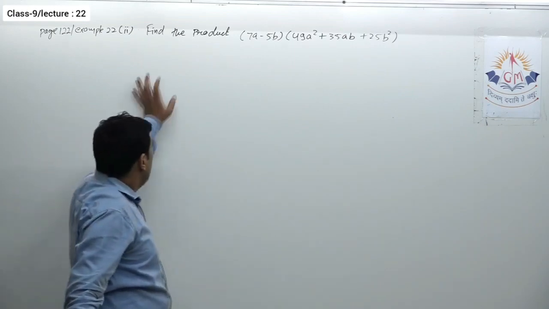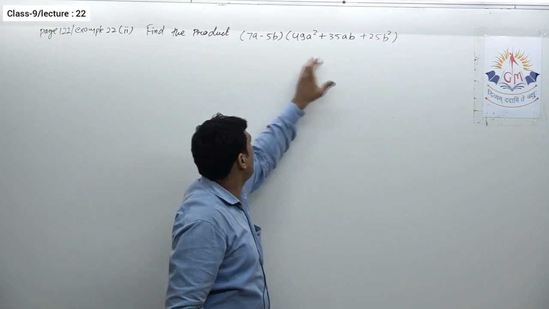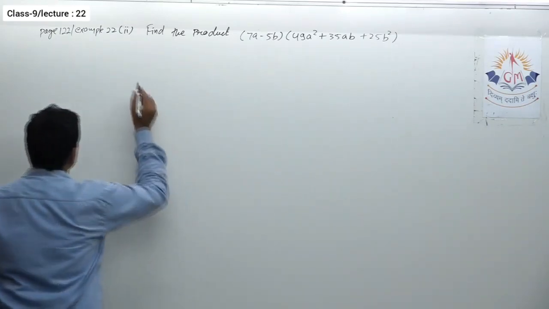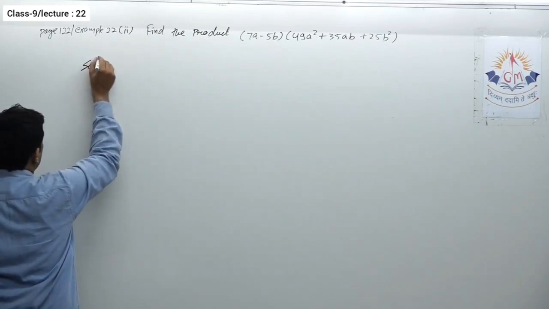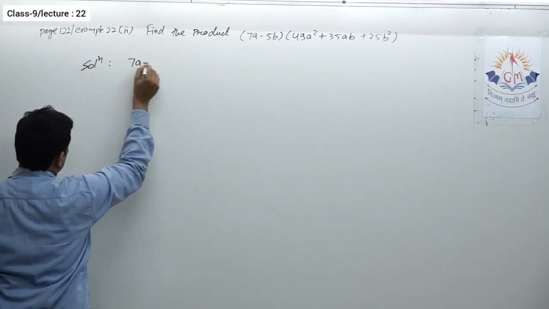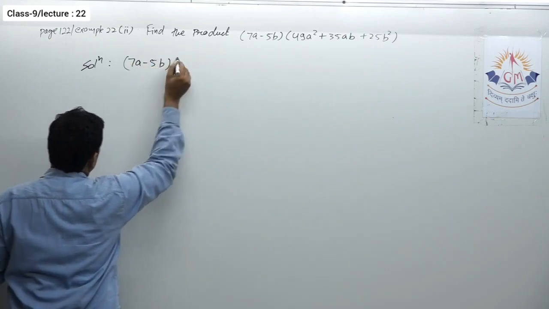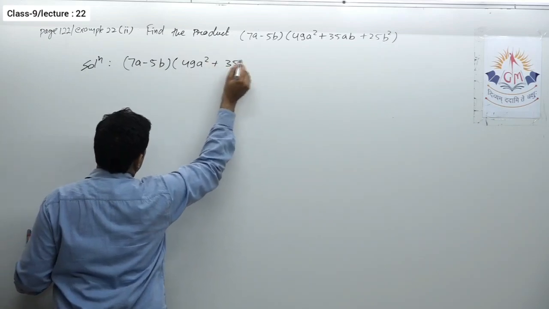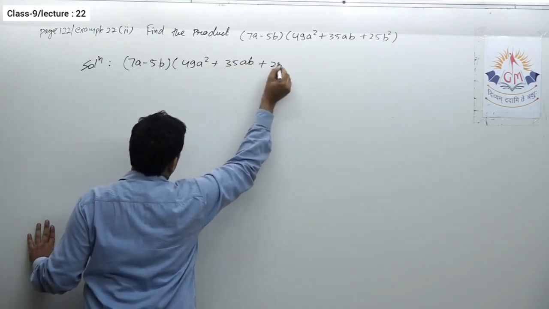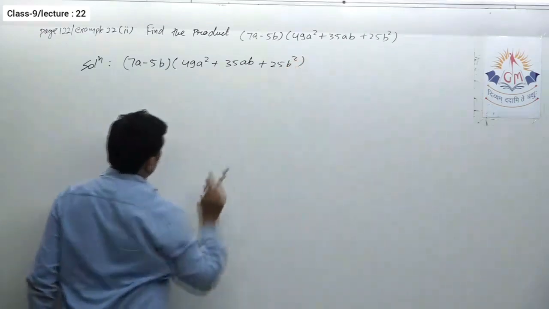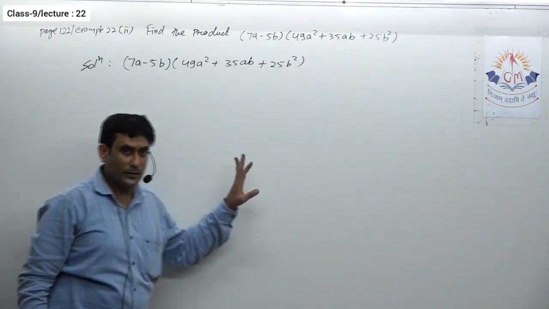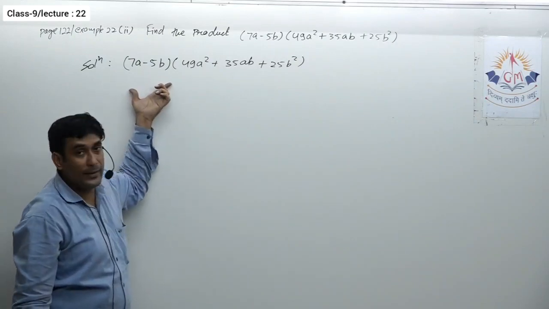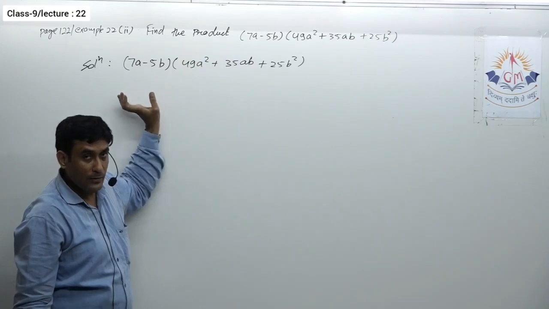So see, definitely we are not going to find the product by multiplying term to term. Anyhow, we have to check which particular identity we can apply over here. Let us see how to identify that. First of all, for that you must mug up the identities very well. Now if you observe the identity, the first bracket is a binomial, something minus something.